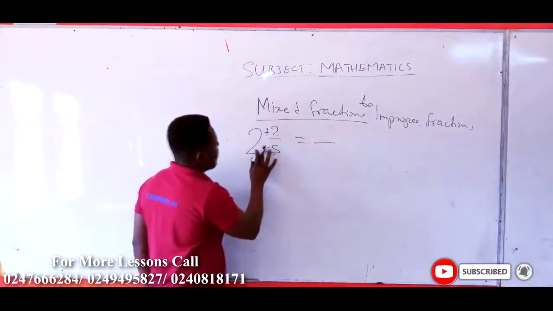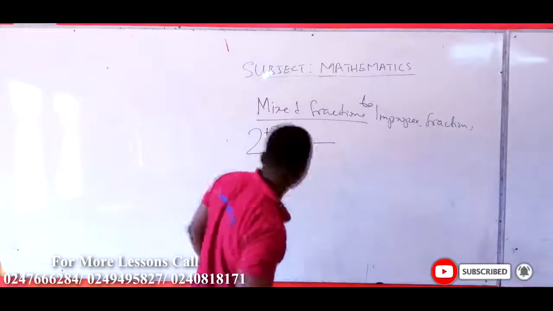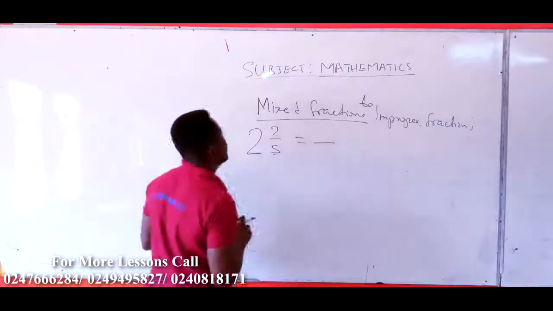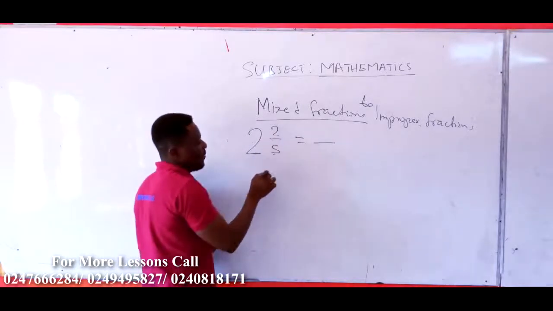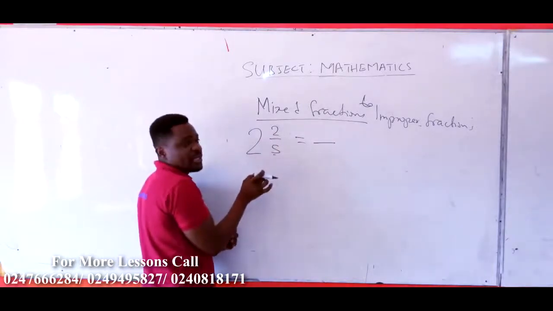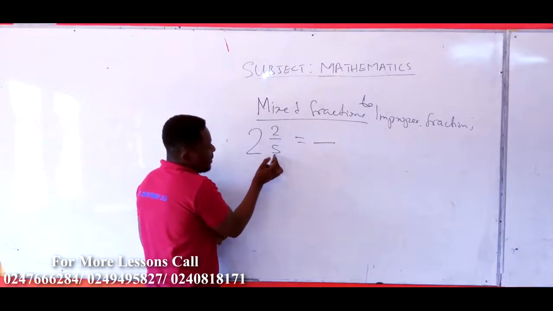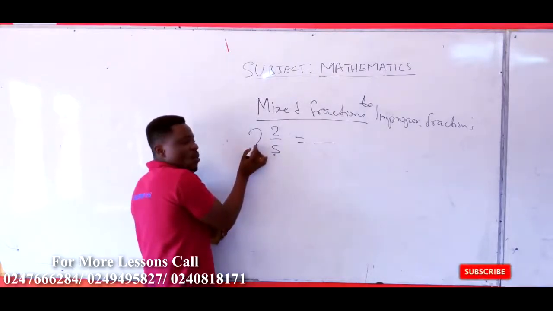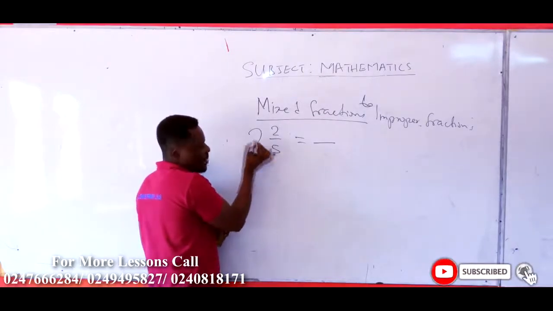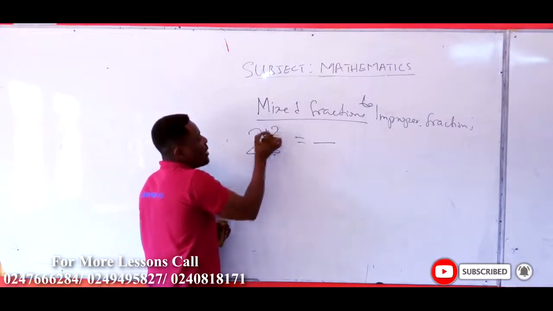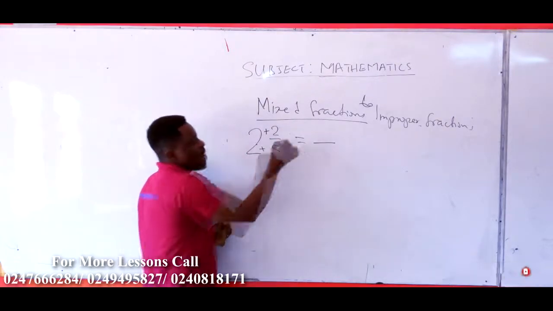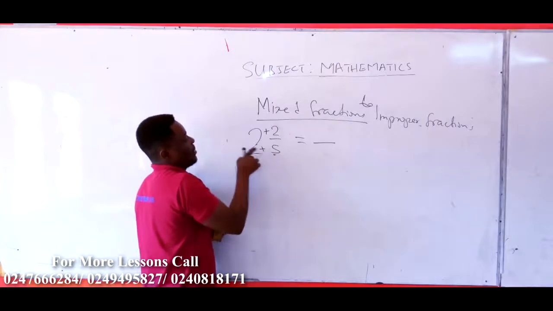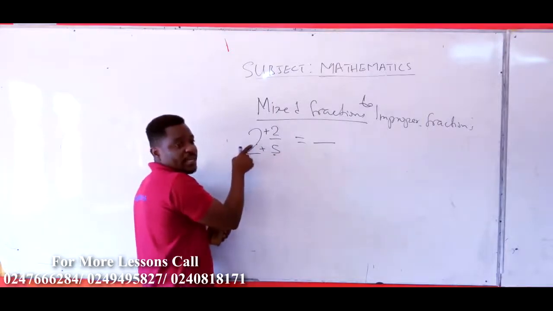Look, this is 2 whole number 2 over 5. To convert this to an improper fraction, you multiply the denominator by the whole number. So I put my multiplication here. Then you add it to the numerator. And you write the result. So we have 5 times 2, which will give me what? 10.